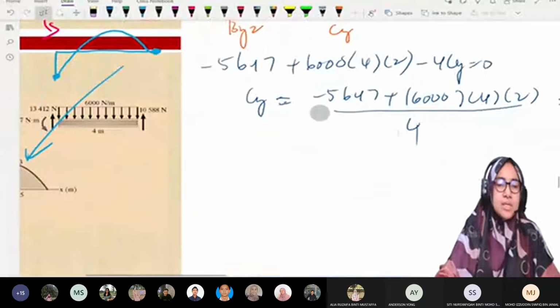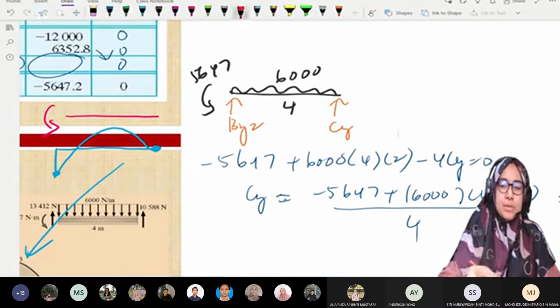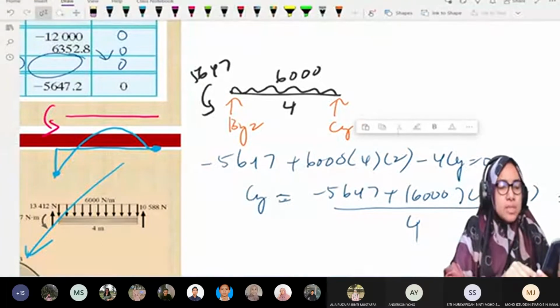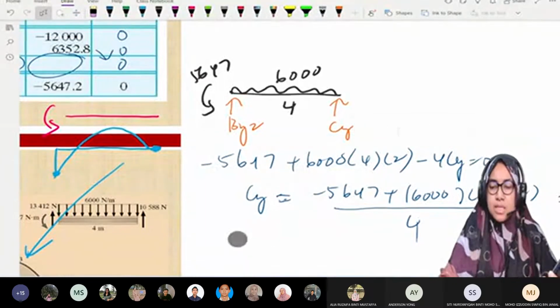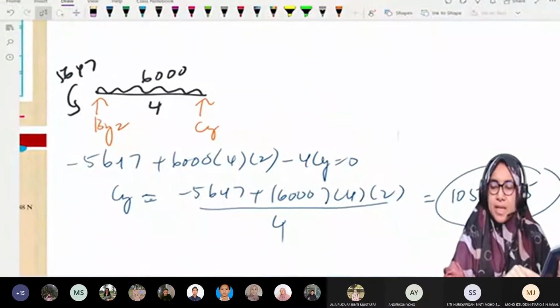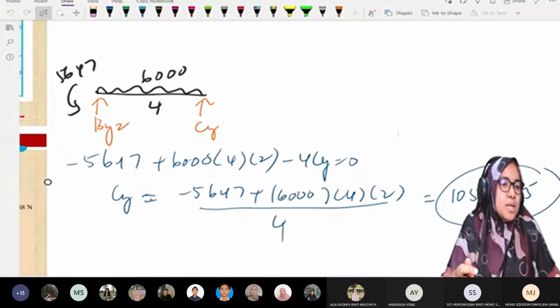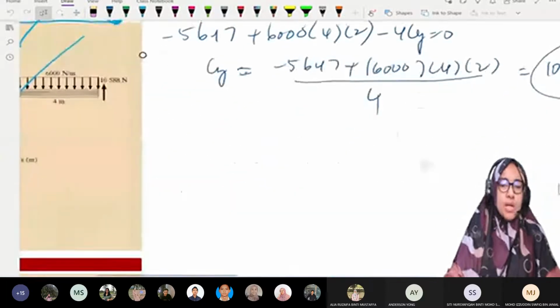So ini CY. And then the other one, BY is 6,000 times 4 minus 10588 tadi kan? 0.25. So we get this as 13411. So saya draw bawah ni.